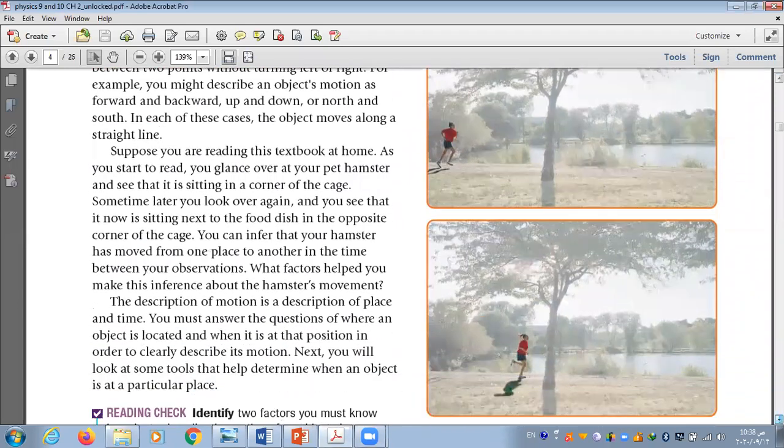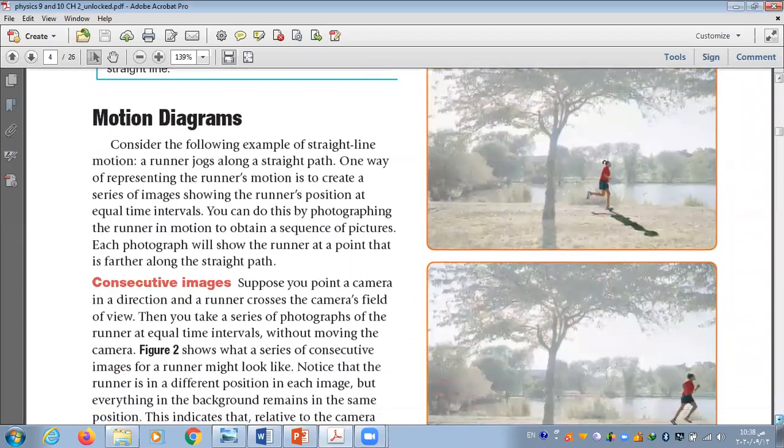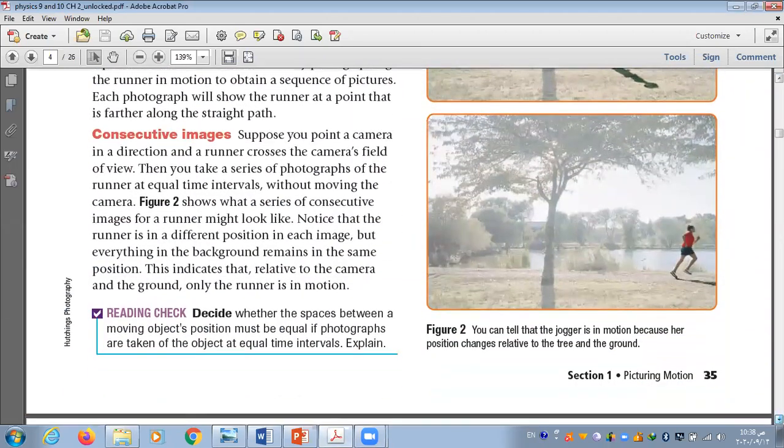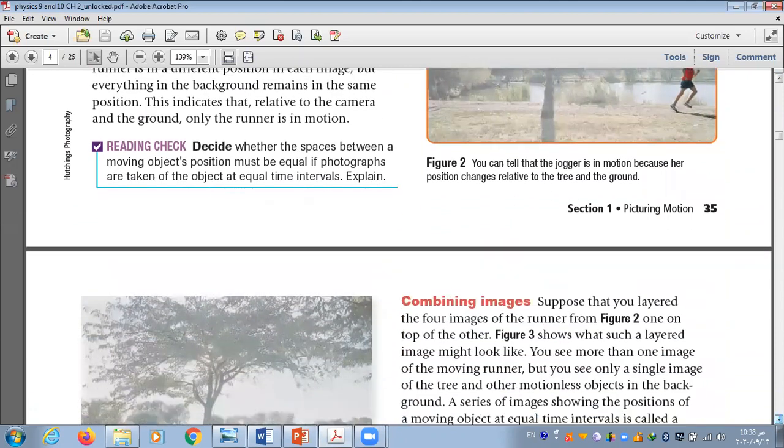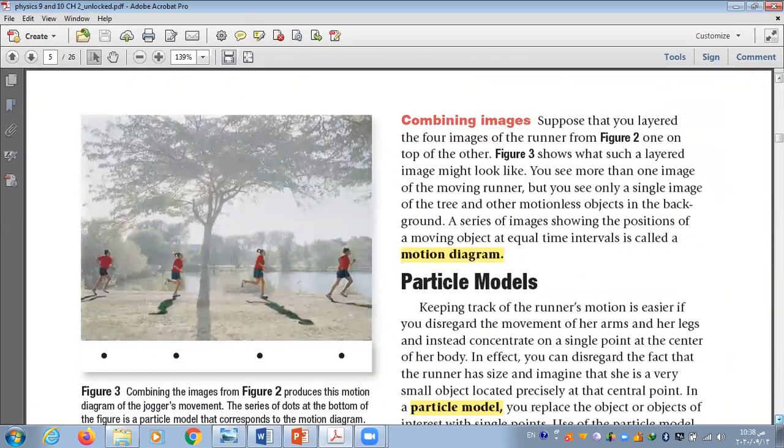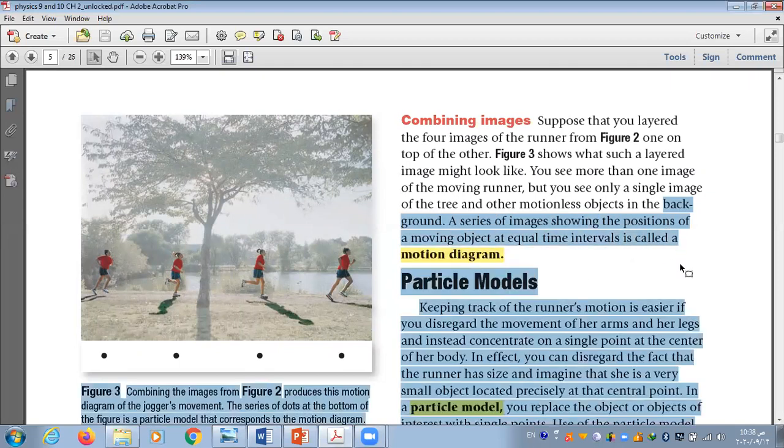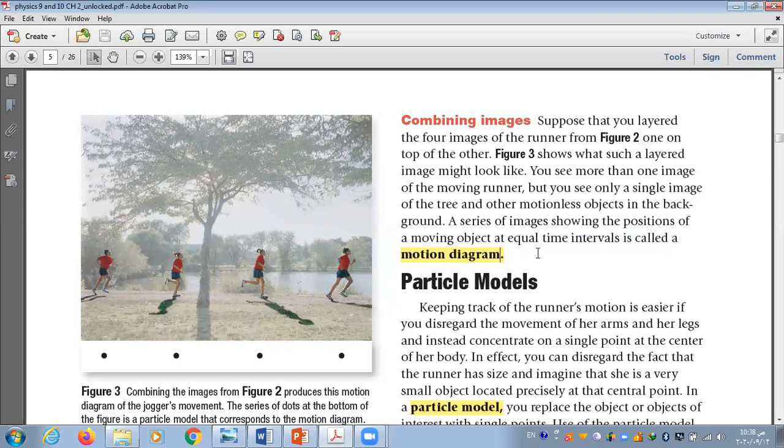Yes, so it's a series of pictures. See here, a series of images showing the position of a moving object at equal time intervals is a motion diagram. Can you see the definition? It's very simple. A series of images. Okay. Thanks.